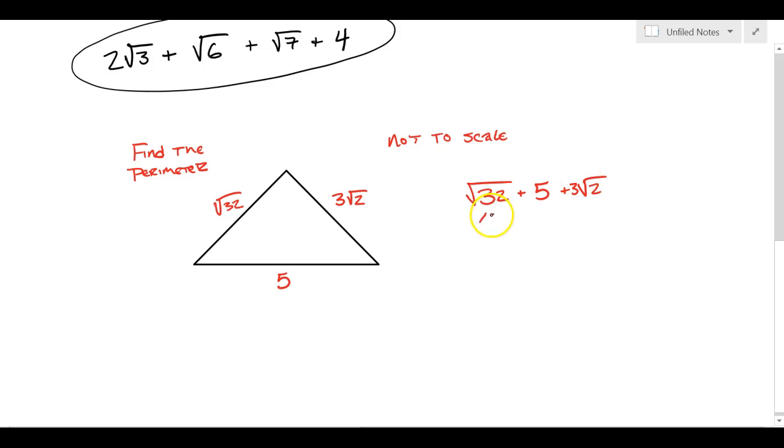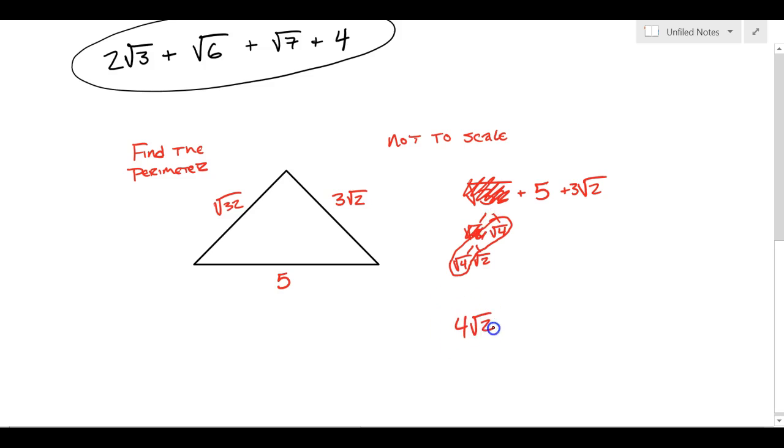Well, let's break these down. Radical 32 is 8 and 4. 8 breaks into 4, 2. Scribble that out. There's a pair of 4s right here.